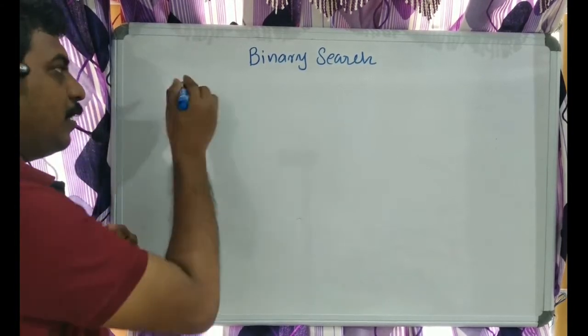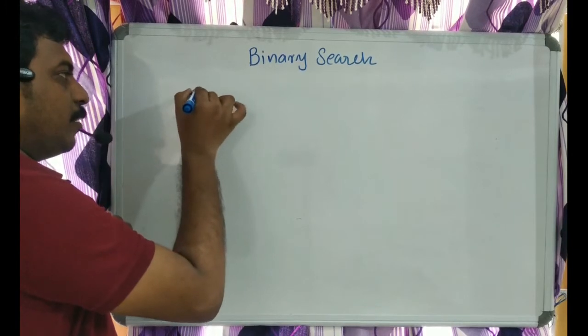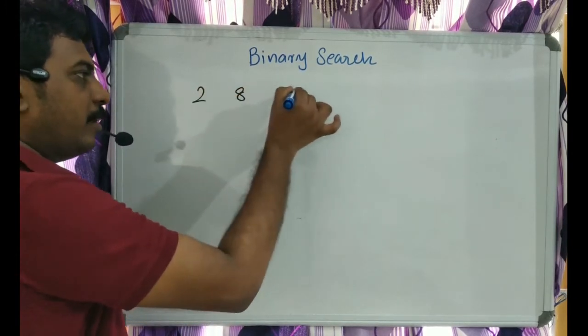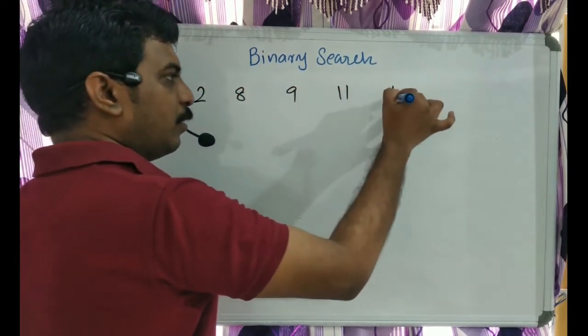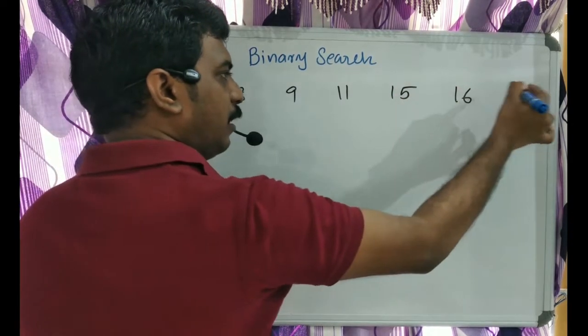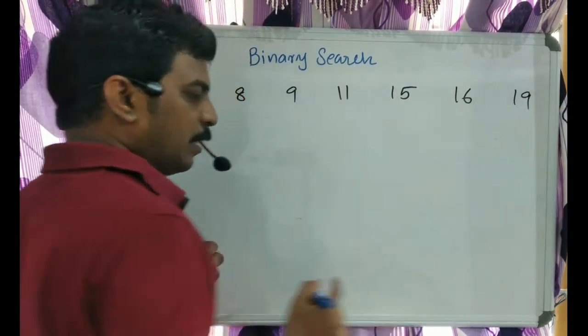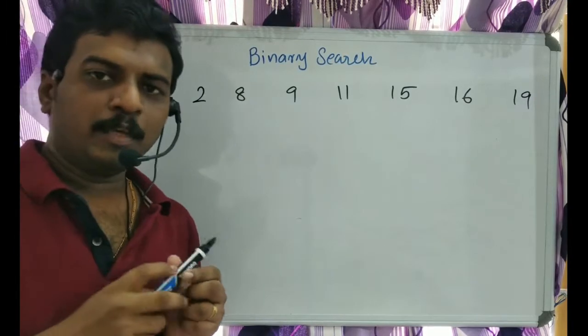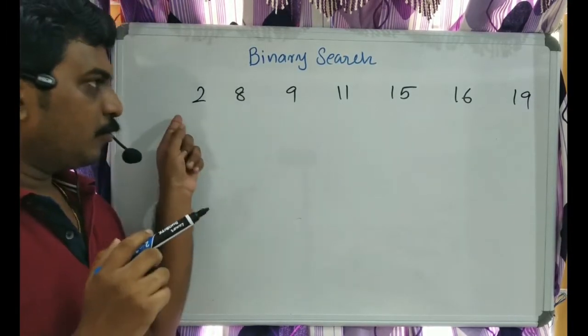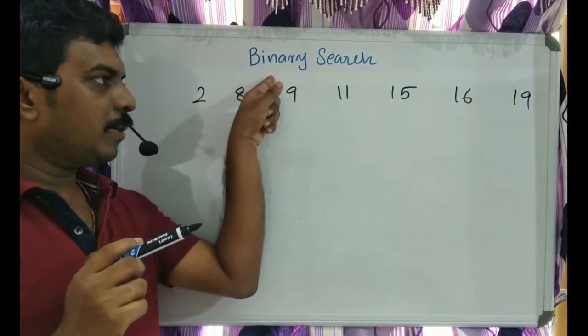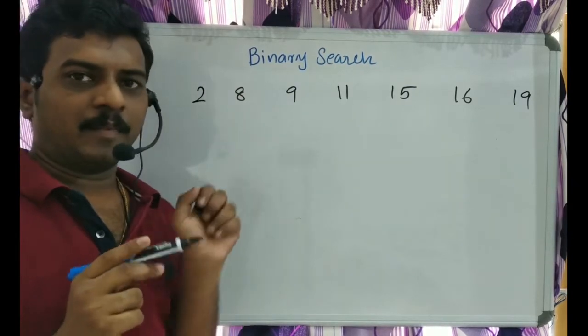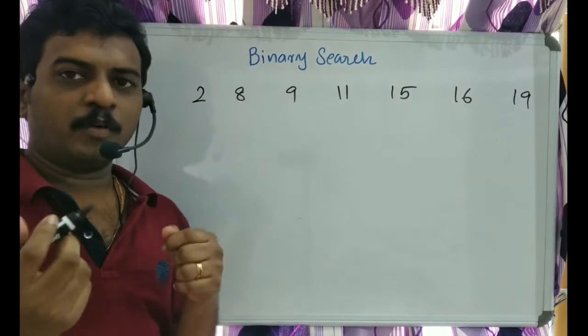I'm taking an example: 2, 8, 9, 11, 15, 16 and 19. One important thing to keep in mind is that the input to the binary search algorithm must be sorted elements, and only then can binary search perform.